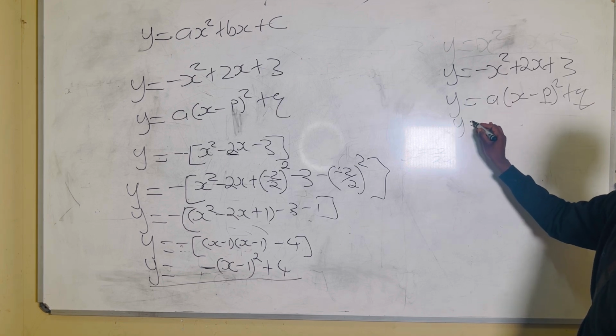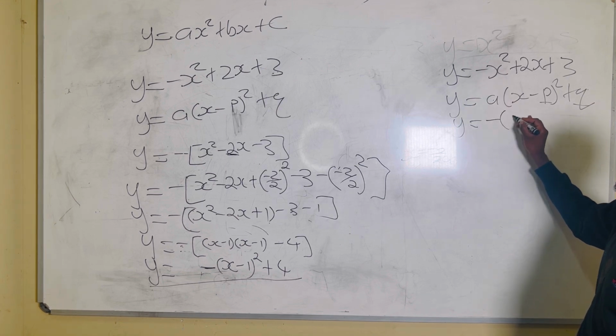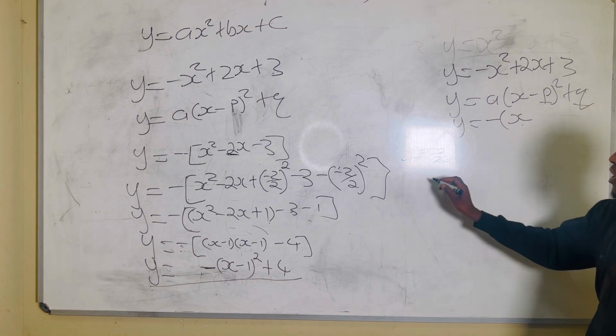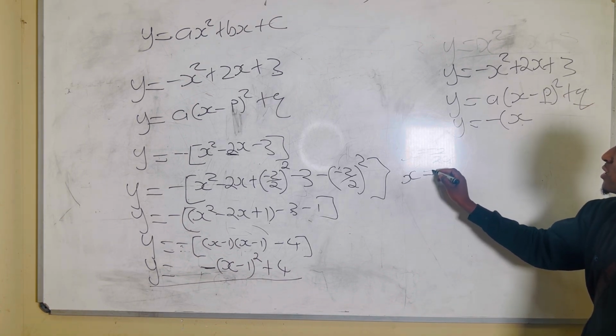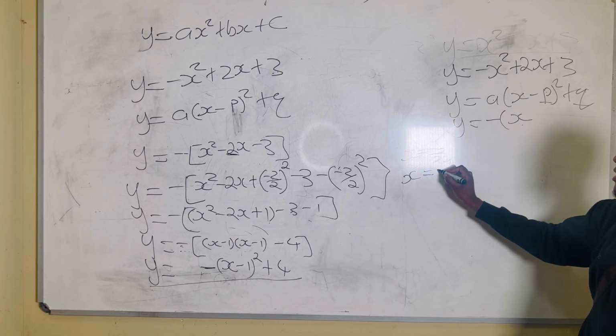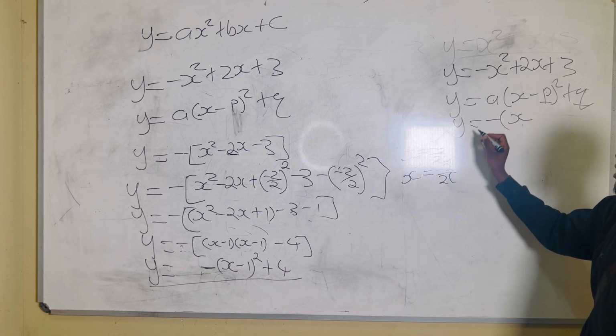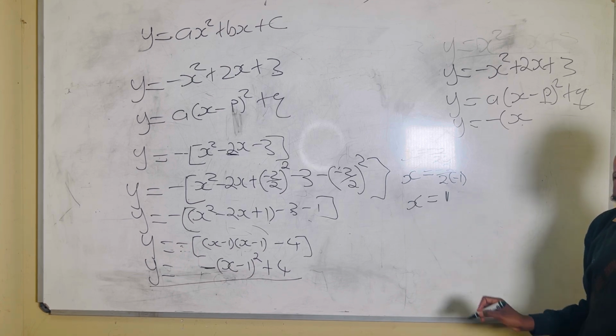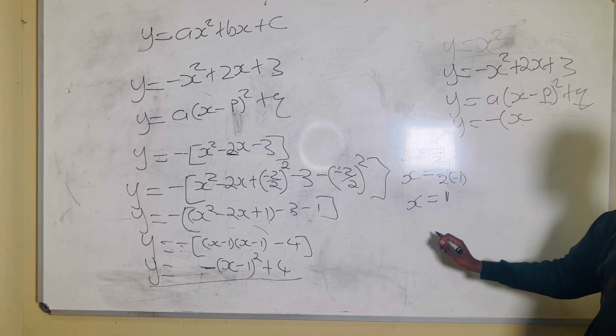So the a value is negative 1; get the values of p and q and substitute them. Here we're going to substitute the value of b. b is 2, a is negative 1, and your x we're going to get as 1. Take 1 and substitute it back.